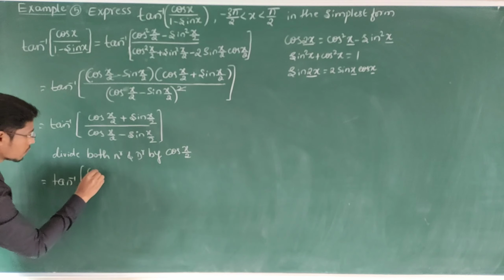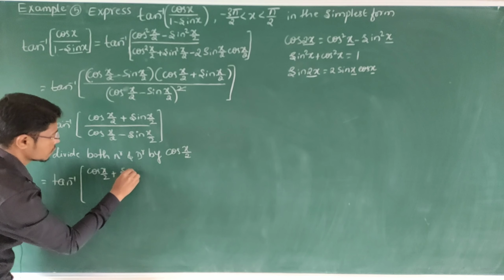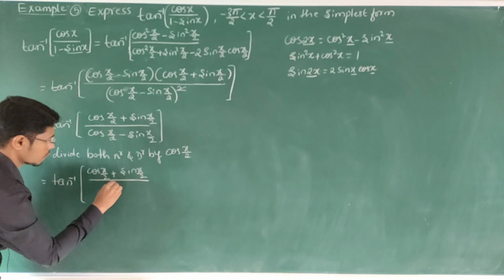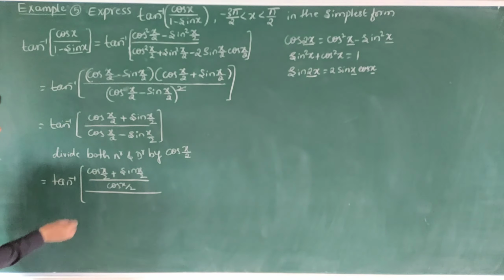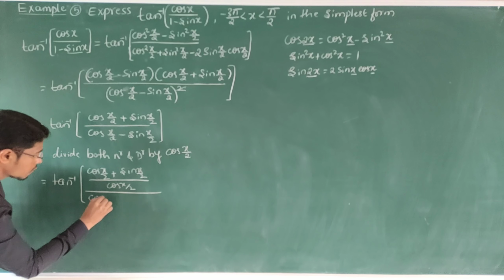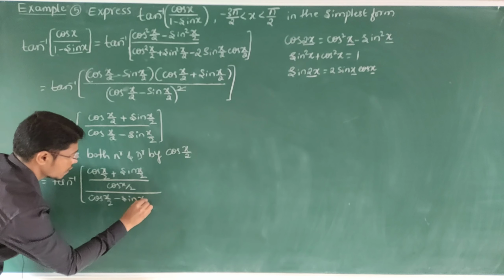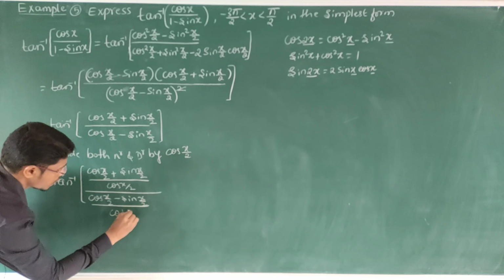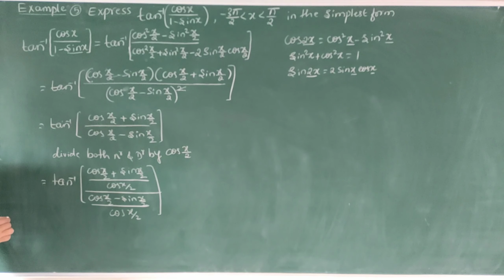Cos x by 2 plus sin x by 2 divided by cos x by 2, whole divided by cos x by 2 minus sin x by 2 divided by cos x by 2.